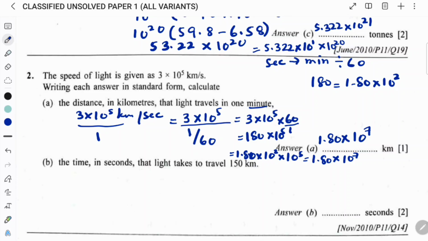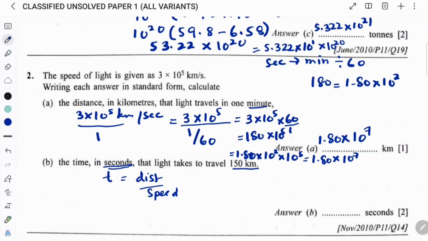Okay. Now the time in second that the light takes to travel 150 kilometers. So time we need to find out: distance upon speed. And then they are asking you in seconds. The light travels 150 kilometers.